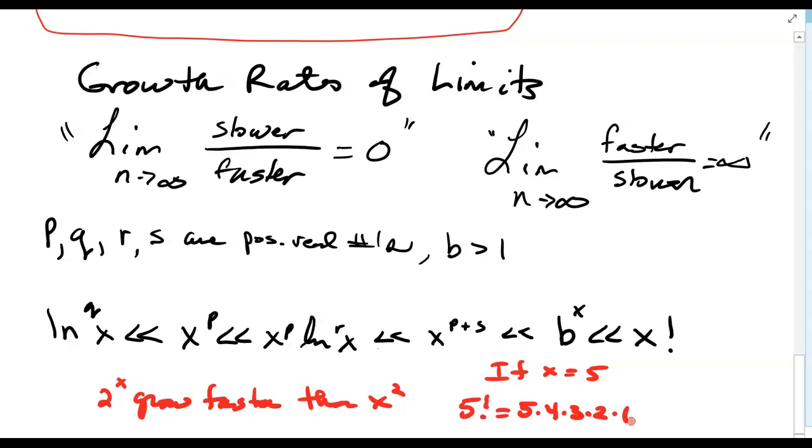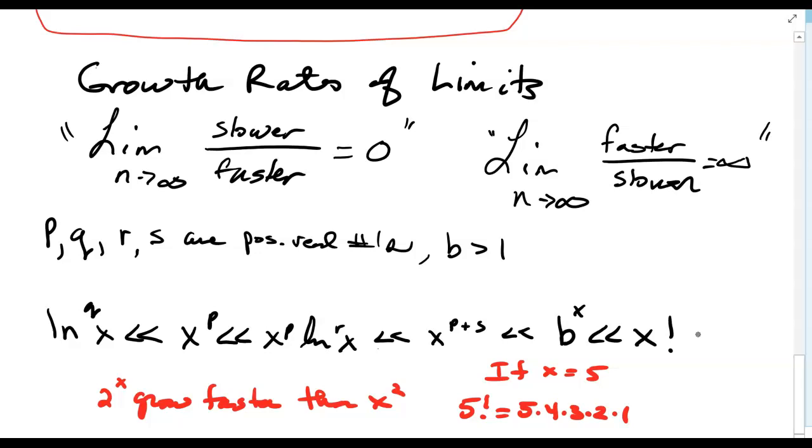Okay, so that's a pretty fast growing function. Because just imagine 100 times 99 times 98 times 97. Yeah, you get the picture. It's going to grow very fast, but it's not one of our fastest growing functions.